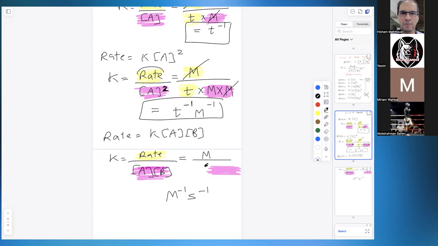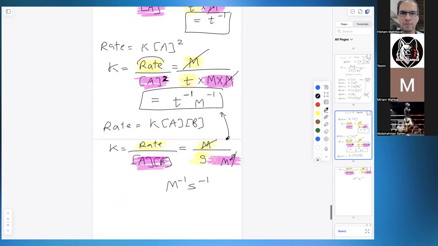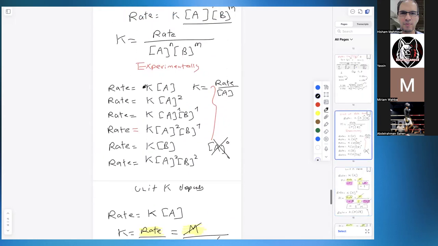The rate was M over S, and the other is M squared. You canceled one M with one from the other and got M minus 1 S minus 1, same like this one.